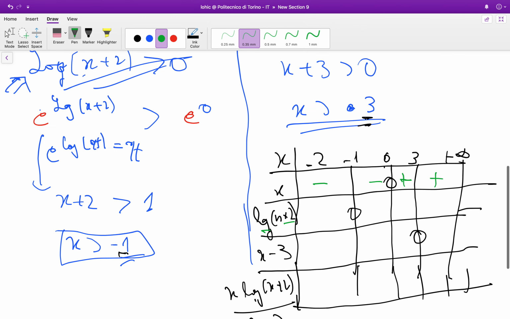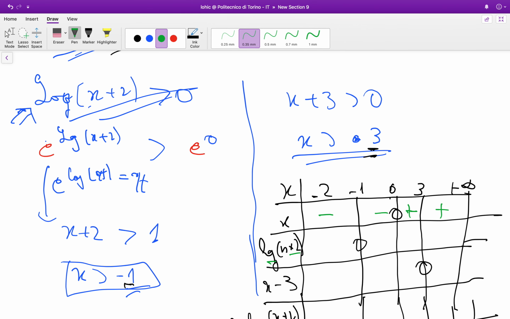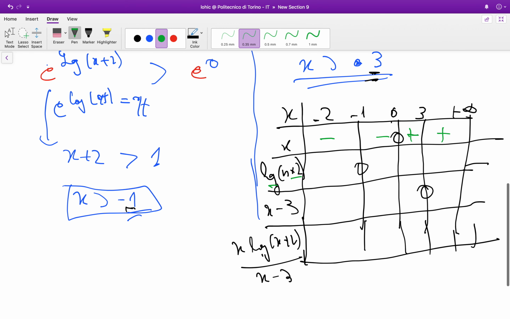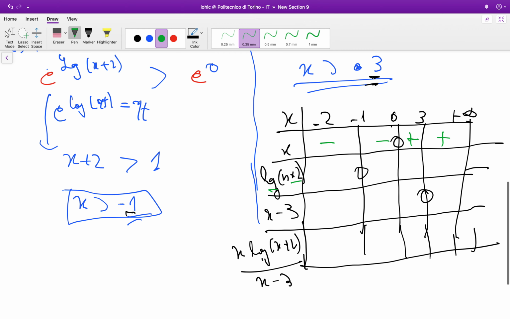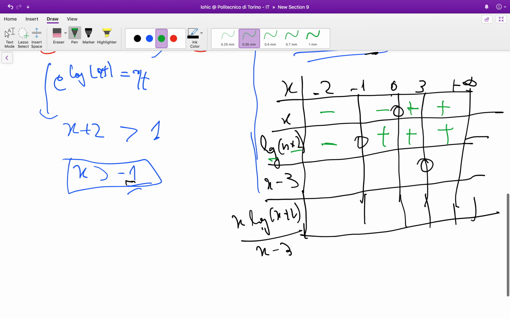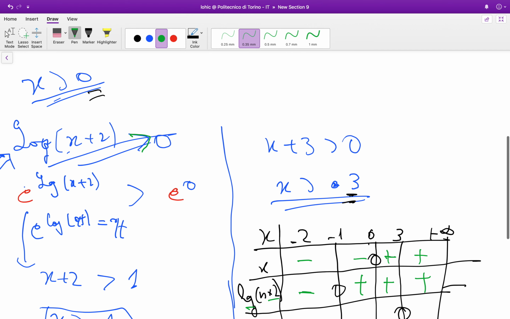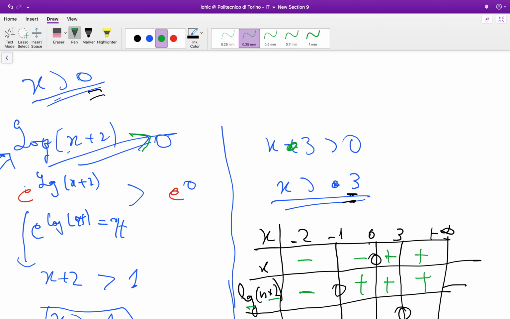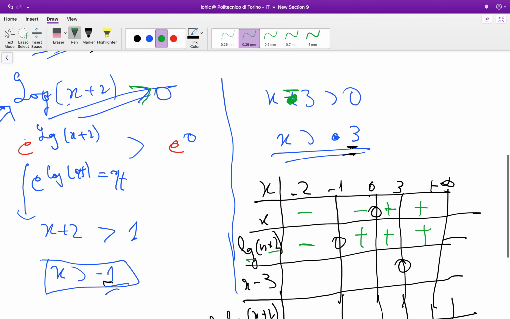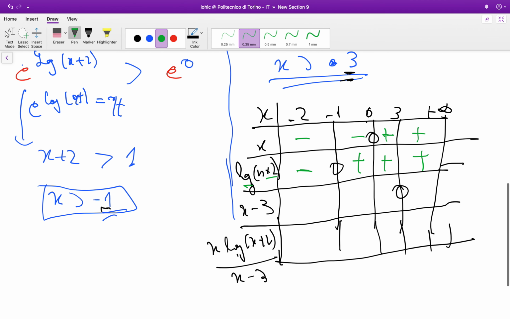Then for this one, the logarithm is positive when x is greater than -1. So here it will be negative, then positive, positive, positive. Right? Now we have x minus 3. x minus 3 is positive when x is greater than 3.